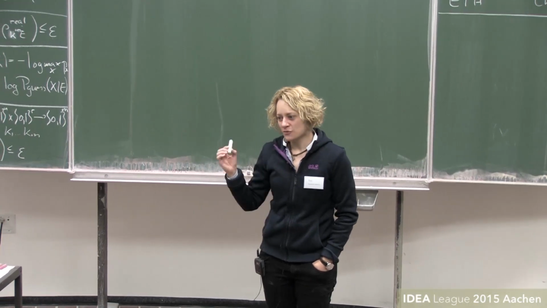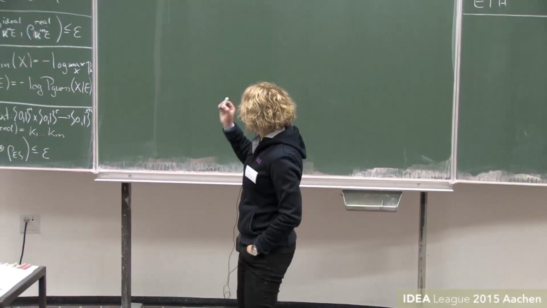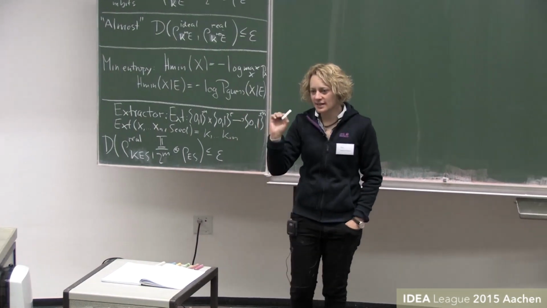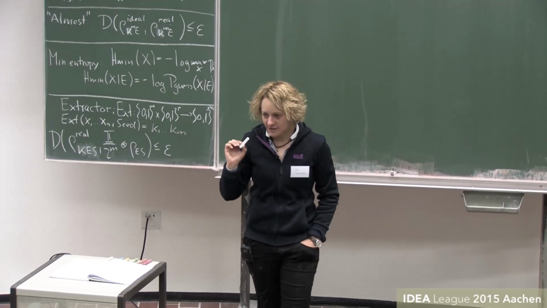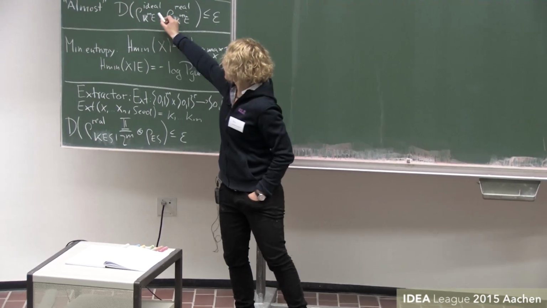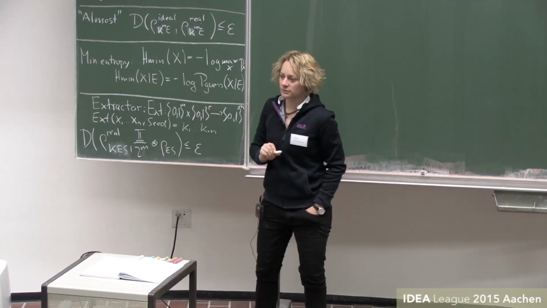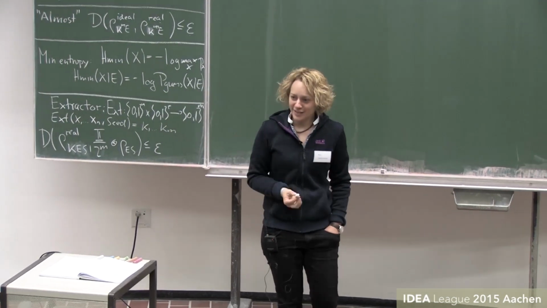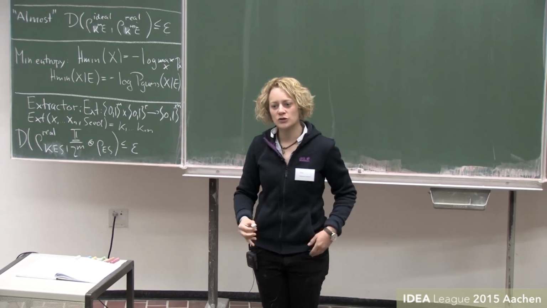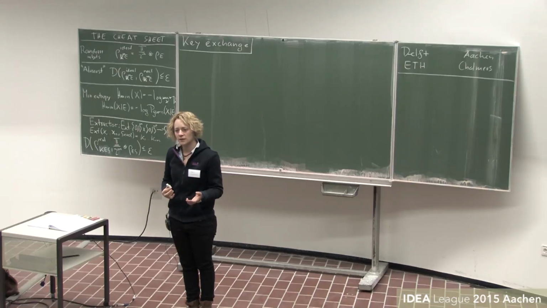Okay. So remember that yesterday I had said this distance is important, because if this distance is small, then there exists no physical process that can tell the difference between the ideal and the real scenario. And if you don't want to think about a physical process, you can also think about an algorithm or a protocol that is going to use these random coins.